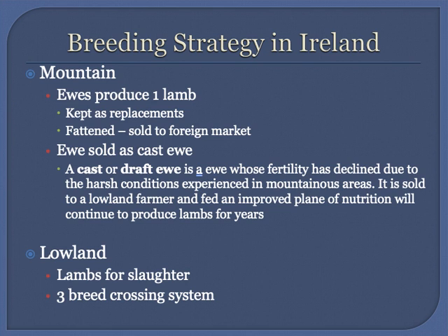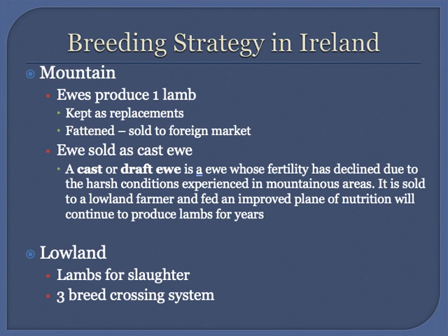Now, that's what happens with the lamb, so either keeping it as a replacement or fattening it and selling it. What's going to happen to the ewe then is you're going to keep that ewe for a number of years, but her reproductive efficiency is going to fall fairly quickly. They don't tend to last as long, the mountain breeds, as the lowlands do.